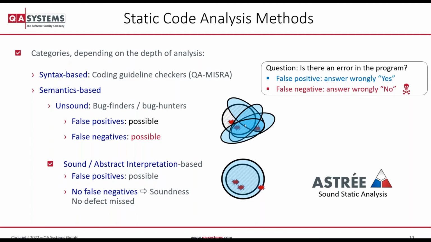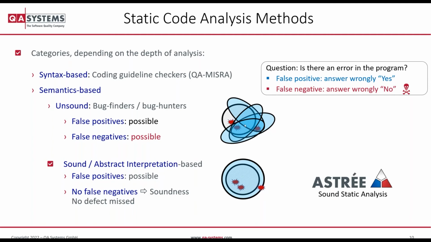But the much more important thing is there are no false negatives anymore. So you can be 100% sure that if a sound analyzer like Astrée runs over your code, you have not missed any runtime error.